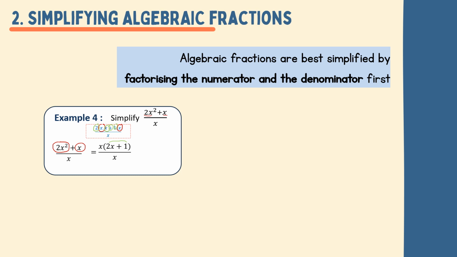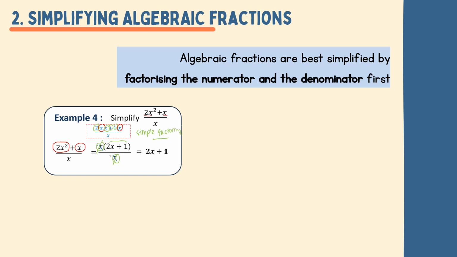You can see in the numerator you can find x, and in the denominator you can also find x, so you can simplify them. x divided by x, we will get 1. So it equals 2x plus 1. So this is how you simplify 2x squared plus x all over x using simple factorizing.